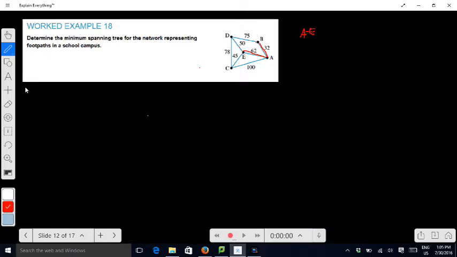Inspect the vertices A, B, and E now. From A, again, I can either go 100, 62, or 32.